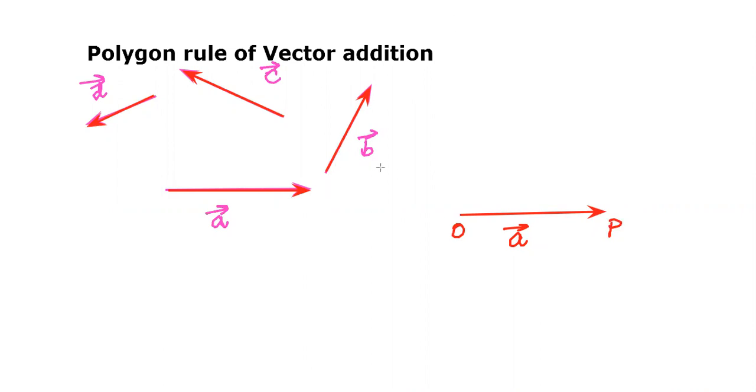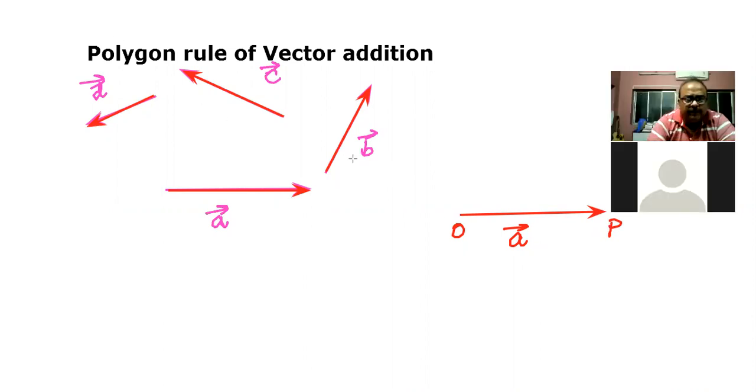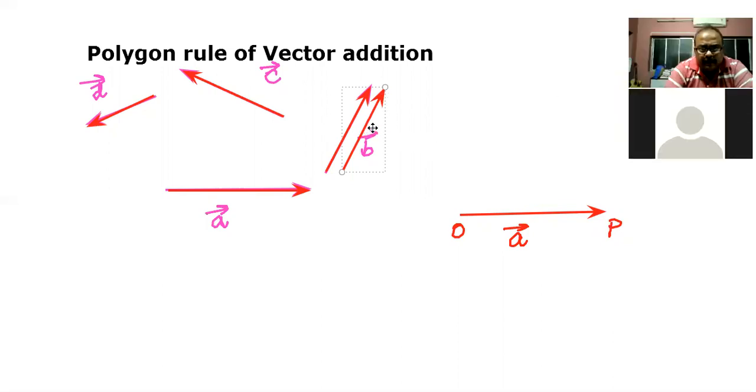Just try to understand. If I consider another vector over here, let this vector be the b vector, and I move this vector parallelly like this.